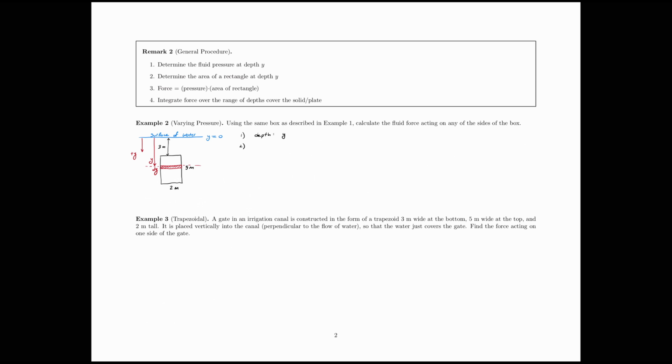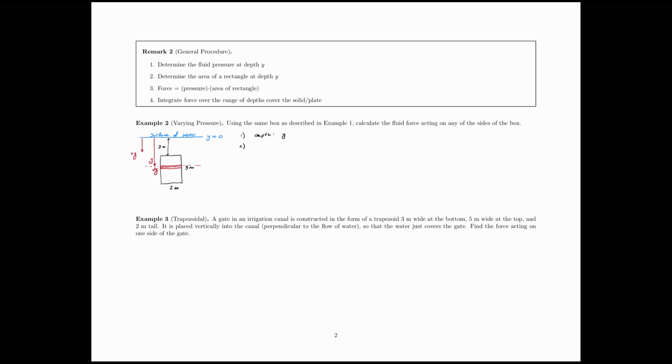So we can figure out the fluid pressure. We know the area of a rectangle, therefore we can find the fluid force. And if we know the fluid force on that small little rectangle, we can then use an integral to add up all of the fluid forces on all of the small little rectangles, which will then tell us the fluid force over the entire surface, whatever that surface may be.